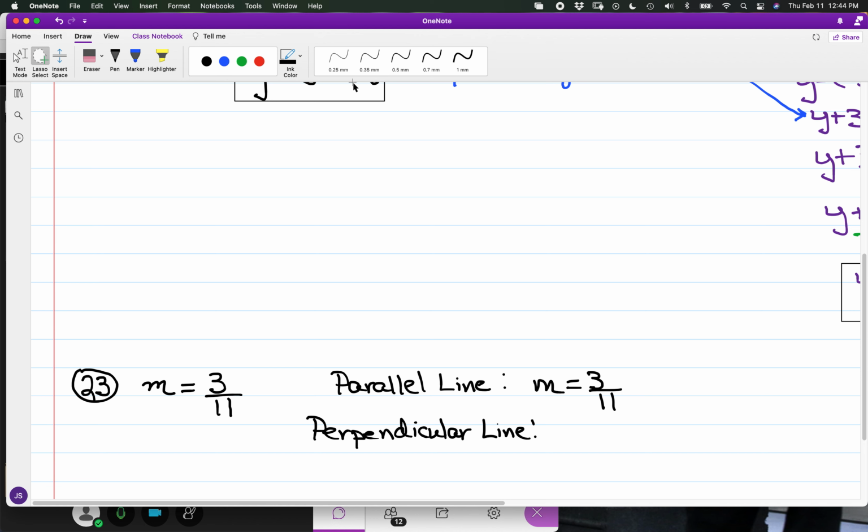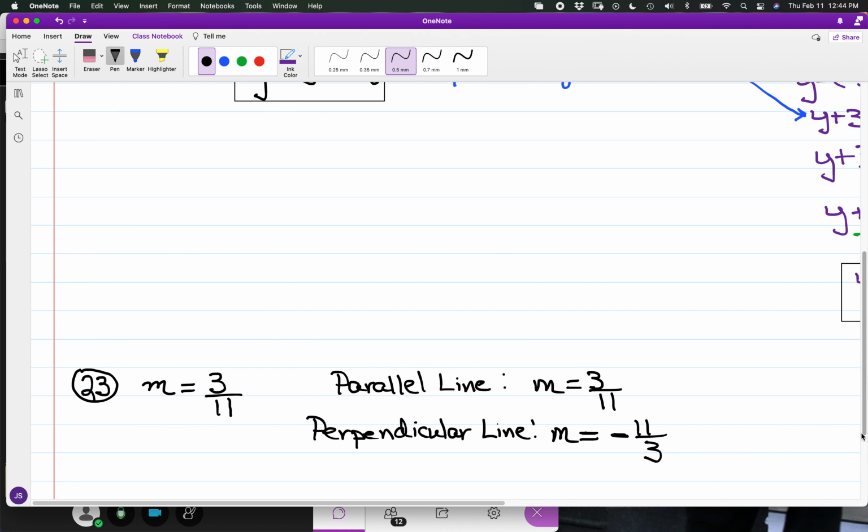So for 3/11, you have a positive 3/11, and with opposite sign, we're going from a positive to a negative. Then the reciprocal of 3/11 is going to be minus 11/3.